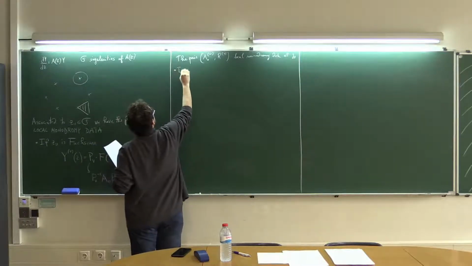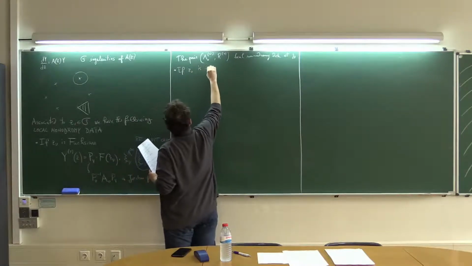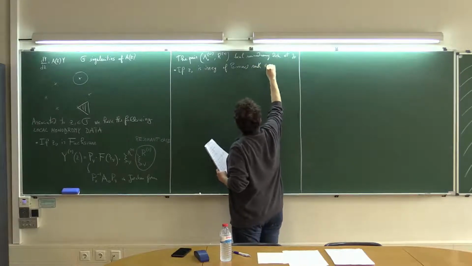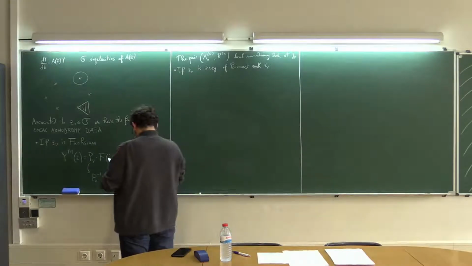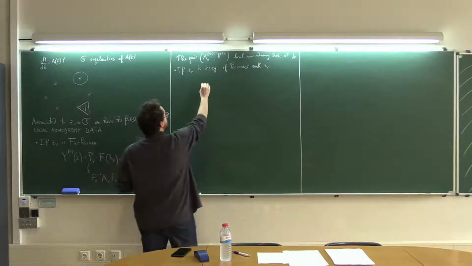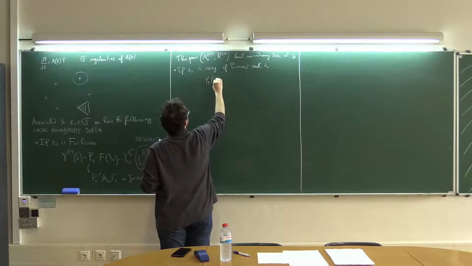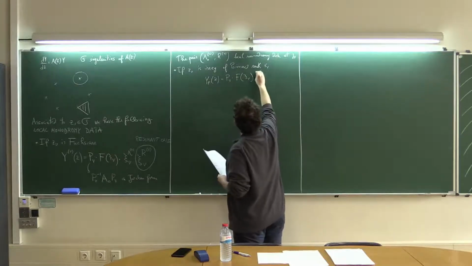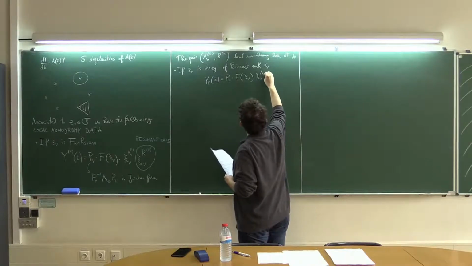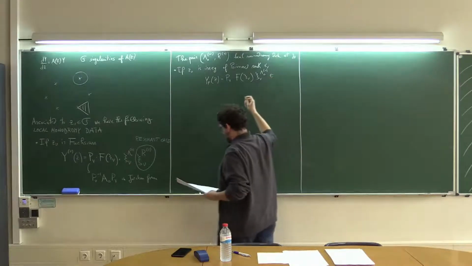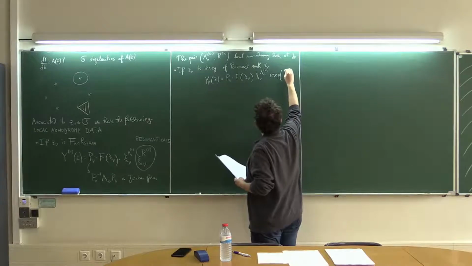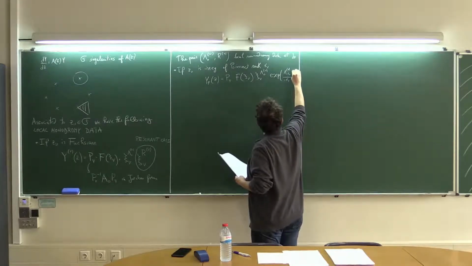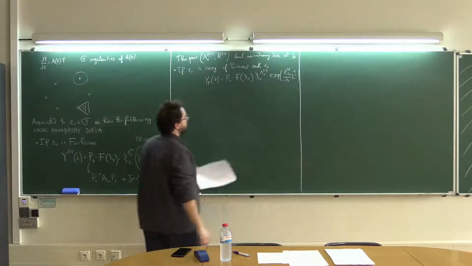In case of an irregular singularity of Poincaré rank r_ν, we had a formal solution of this form, with an exponential of a sum of this kind.